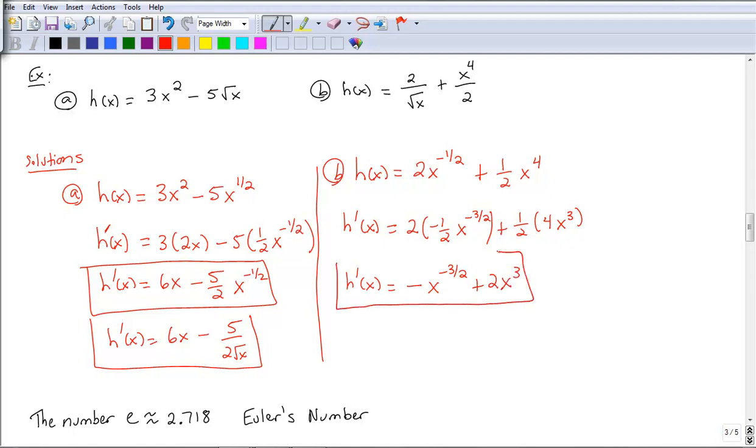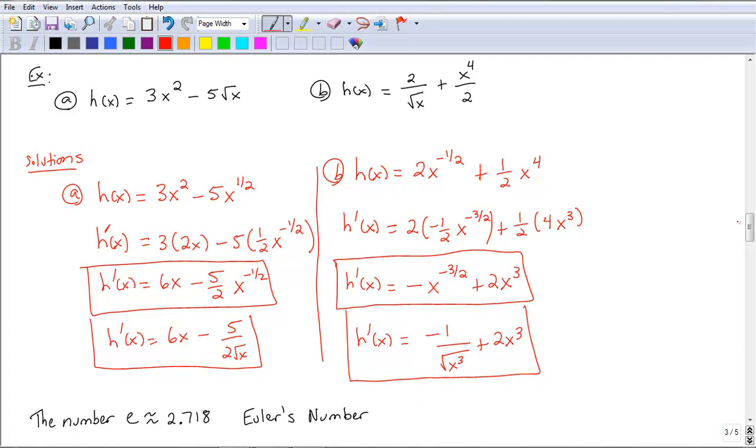A perfectly acceptable answer, or if you'd like, you could have written that as negative 1 over the square root of x cubed plus 2x cubed. But both of those are acceptable answers. But notice when I'm using the sum and difference property, that just means you can take the derivative around plus and minus signs.